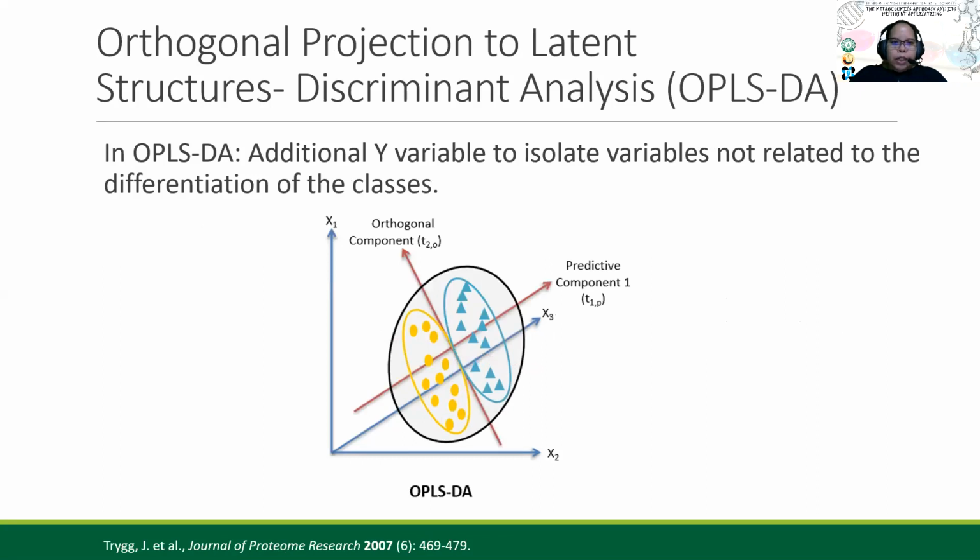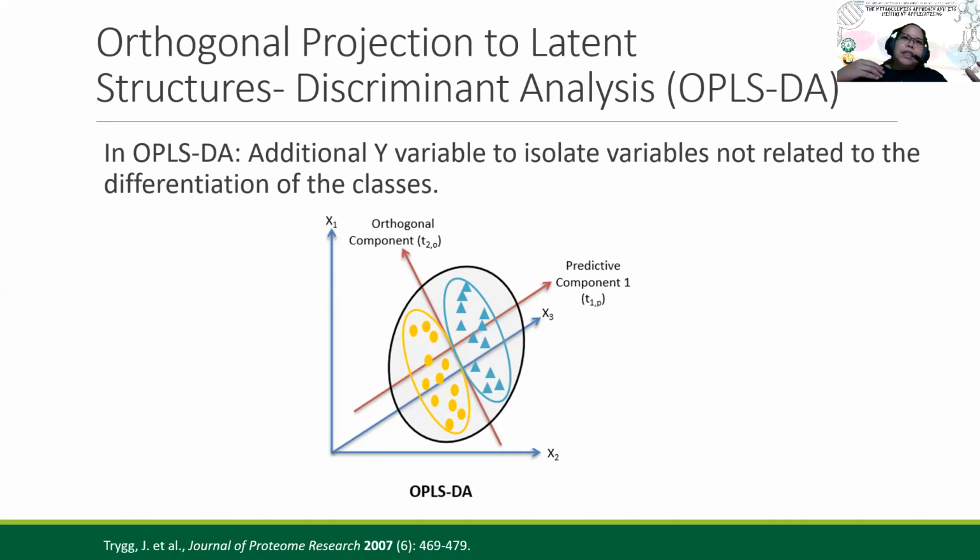In terms of orthogonal projection to latent structures, discriminant analysis, this is a variation of your PLS-DA. But in this case, you make use again also of your class information, but you make use of an additional component, an orthogonal component, to isolate variables not related to the differentiation of the classes.